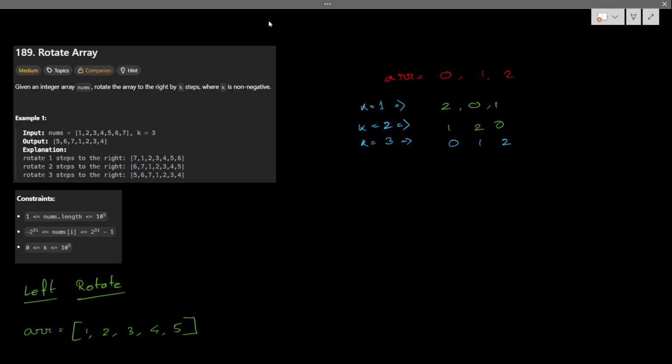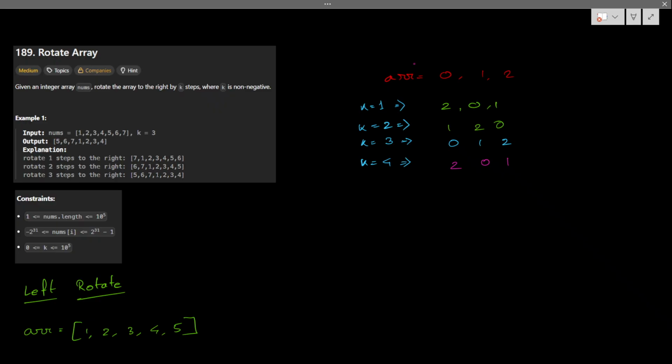Again, if I do k equals 4, it becomes again 2, 0, 1. So I can do any number of rotations, 4 times, 5 times, 6 times. It doesn't matter. If my array length is 3, I can do rotation more than 3 times, it could be 5, 6, 7, 8, 9, 10, anything.